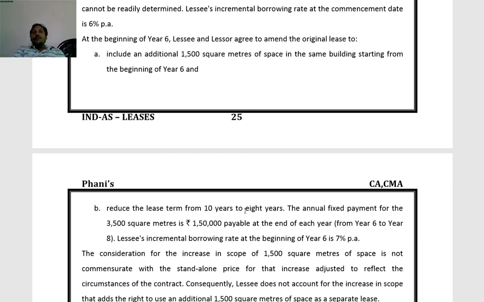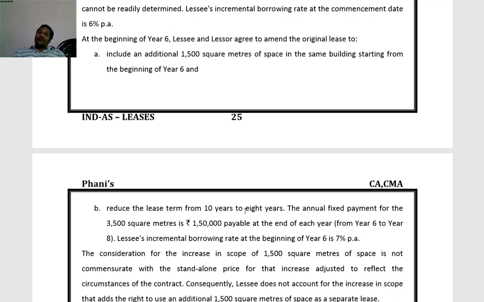That we cannot reduce proportionately. 2 years means, sir, out of 5 years, 2 years means 40%, you reduce 40%? No. Time value effect should be considered. Thereby, we have to consider with the initial values only. With 1 lakh lease rent, if it is for the next 3 years, what is the lease liability? And what is the ROU asset for 3 years? That we have to consider.